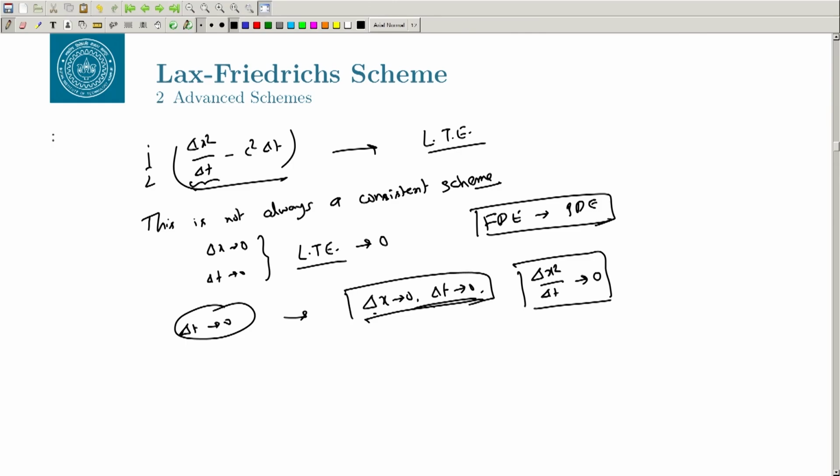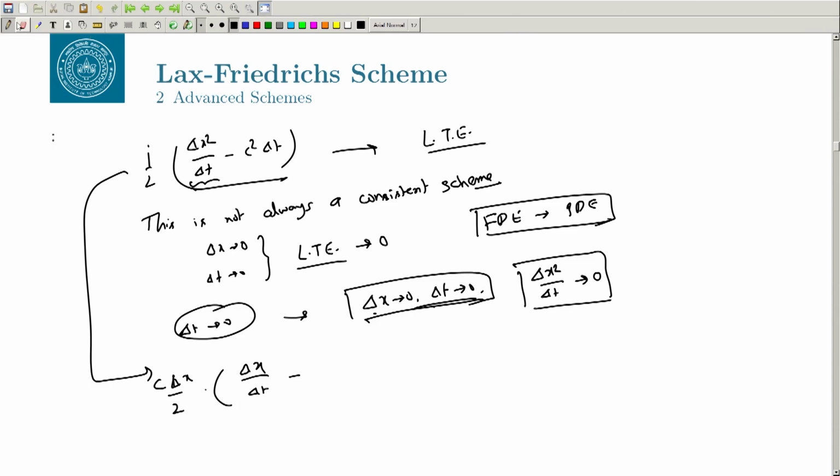The other important observation you can make is this: I will write delta x by 2, and this becomes delta x by delta t minus c square delta t. So probably take c also, c delta x by 2.